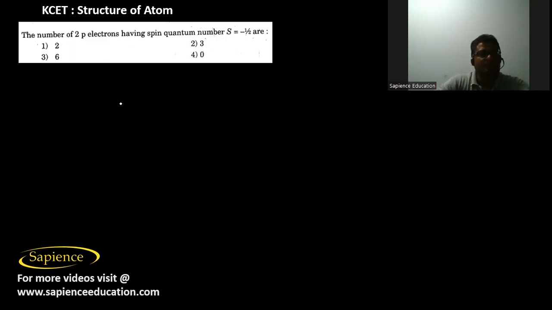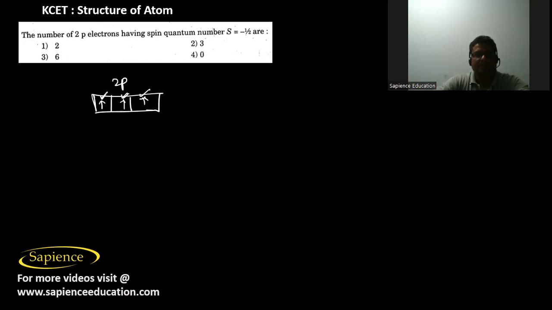Then here it is told the number of 2p electrons having spin quantum number s equal to half is. So in 2p electrons, here we can have 6 electrons, but only one of the electrons in every orbital will have the same spin quantum number minus half.